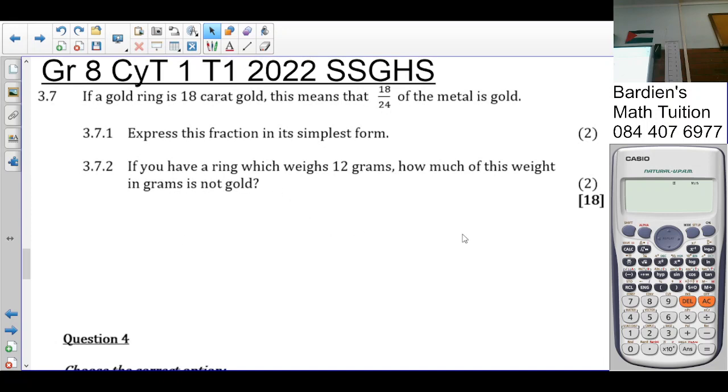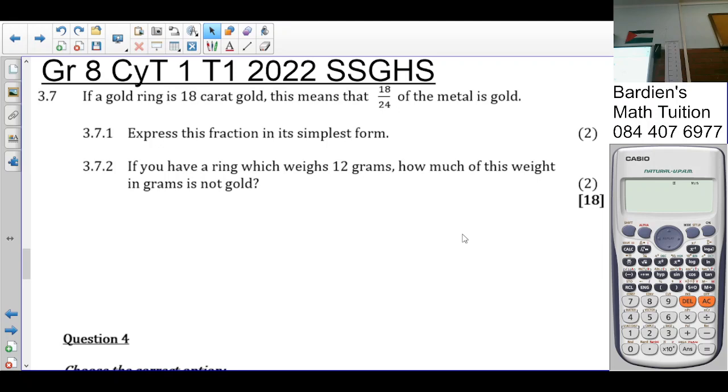Here we are told that if a gold ring is marked 18 karat, that means 18 parts out of 24 parts of the metal is gold. Now you also get 9 karat gold. That means 9 out of 24 of those parts are gold, which means most of a 9 karat piece is not gold. That's why in some countries they don't sell 9 karat gold. They say that is not gold.